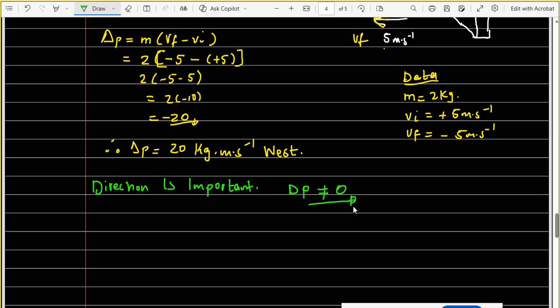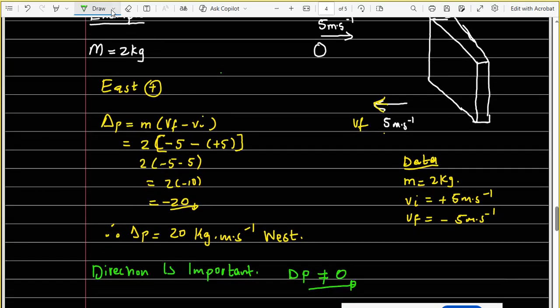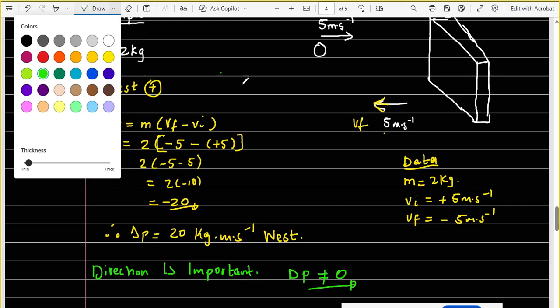Don't worry. Now what I need you to understand is, let's say I have a ball, the very same ball, the one that we have here. Let's say I want to give you two types of example.